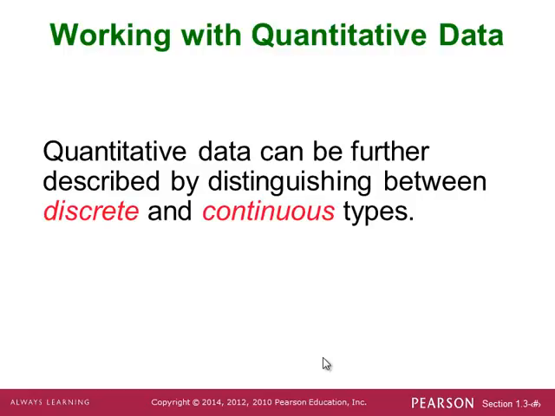There's two different flavors of quantitative data: discrete versus continuous. Now, discrete, we're talking about data that could belong into only certain categories, like 1, 2, 3, 4, 5, 6, 7, 8, 9, 10, etc. Maybe they can be only integer values.